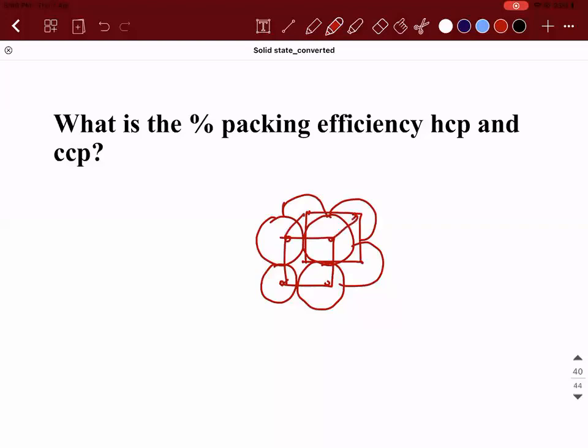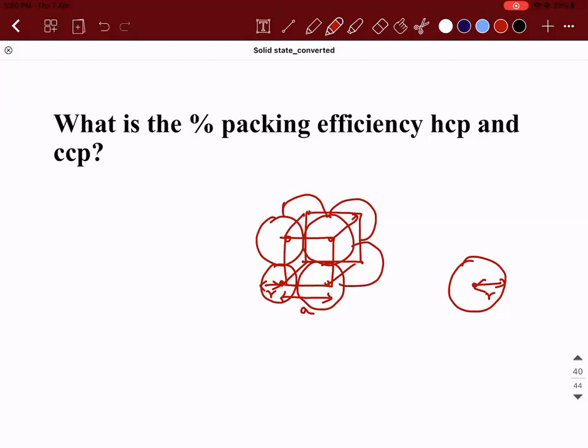This is your cube. I've drawn particles in a cubic form. So this is your edge length, that is A, the distance between the centers of the adjoining particles. The particles can be lattice points or atoms or ions. Now this is your radius, the radius of the atom. Different crystals have different edge lengths as well as different atomic radii. Likewise, for FCC, BCC, SCC, and ECC, we are going to calculate.